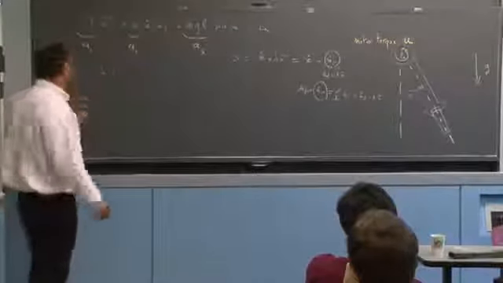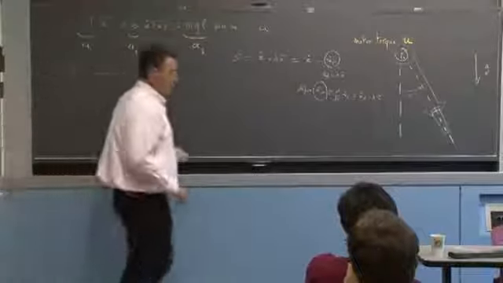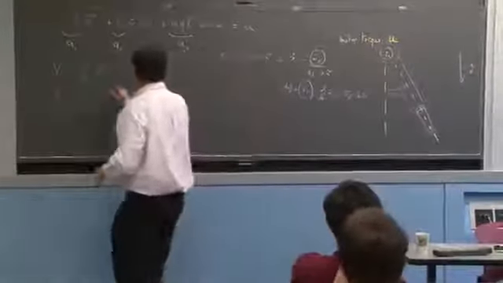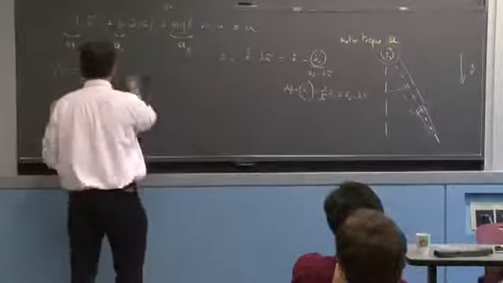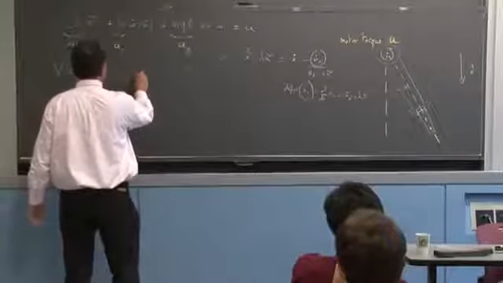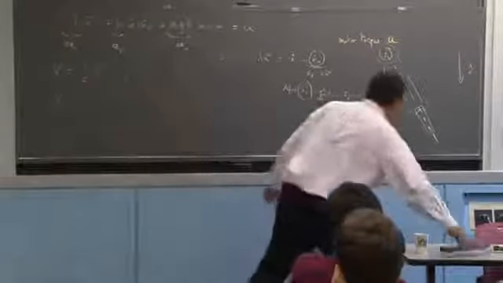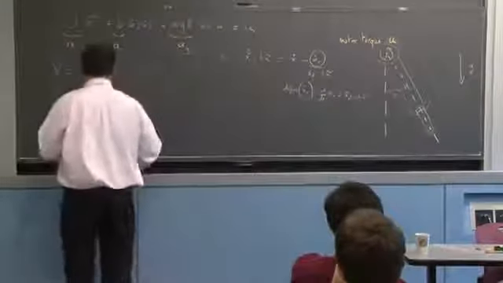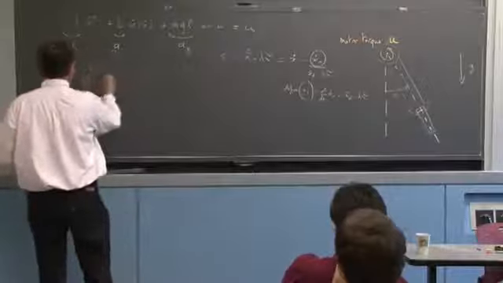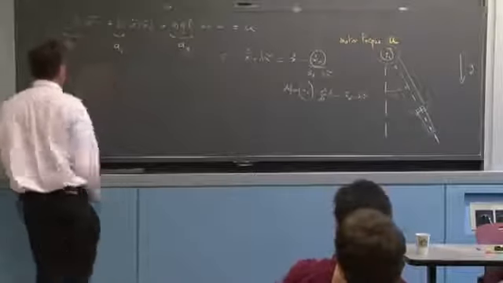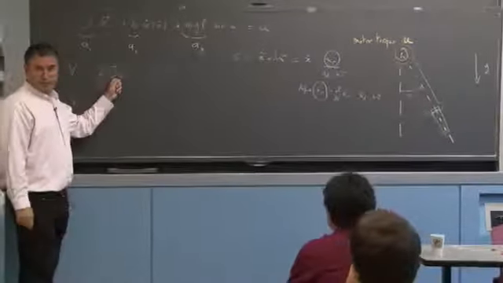So to avoid that, instead of 1/2 of s squared, we're going to use 1/2 of J s squared.